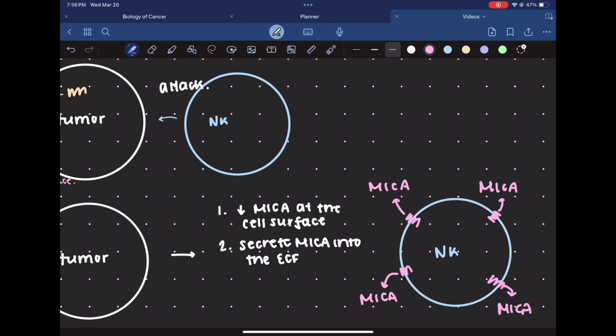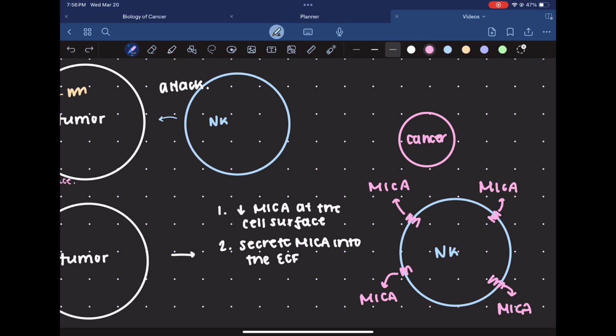If we have, for example, a cancer cell up here, it's not going to have any available receptors to recognize that cancer cell.